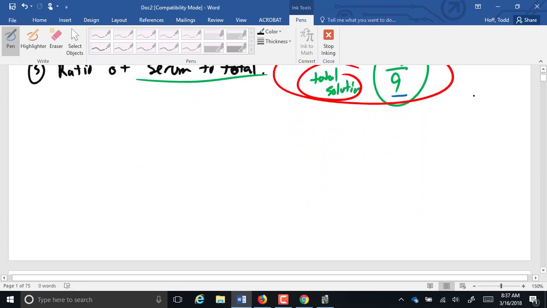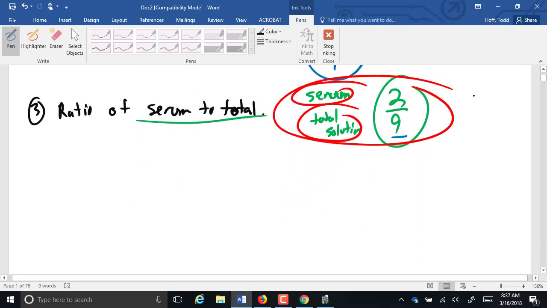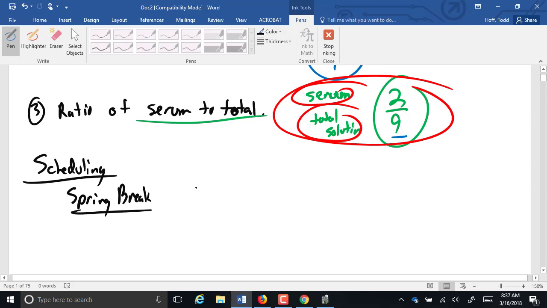Now, before I get into the newer stuff for this week, I do want to make a quick mention on scheduling. This class kind of gets the shaft this semester. Next week is spring break, so that means there's no class next week.